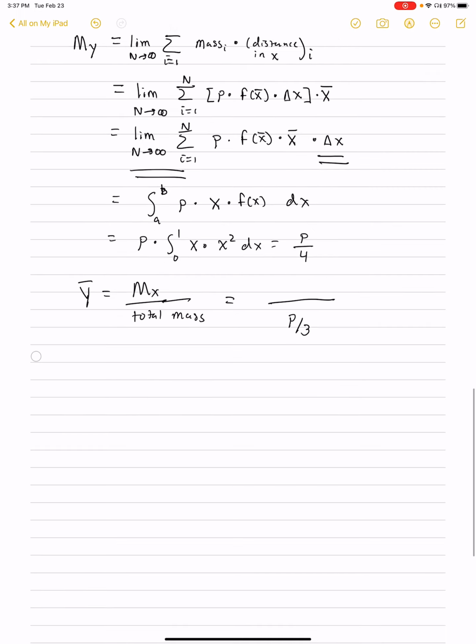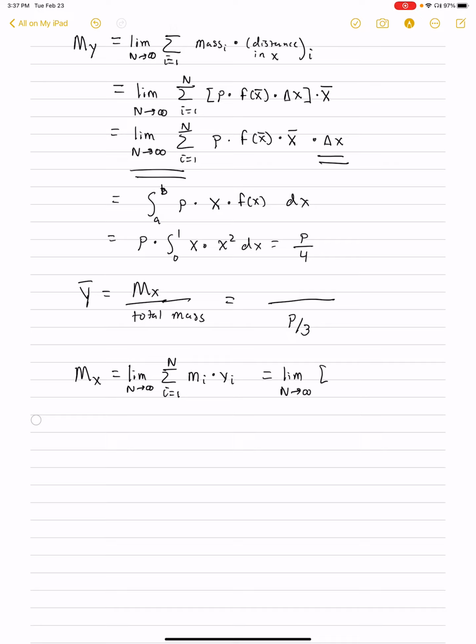And m sub x, the moment about the x-axis, this is going to be the summation of all the little points, which are rectangles now, of m sub i times y sub i, the distance in the y-axis. And I'm going to put this limit as n goes to infinity there, just for good measure.